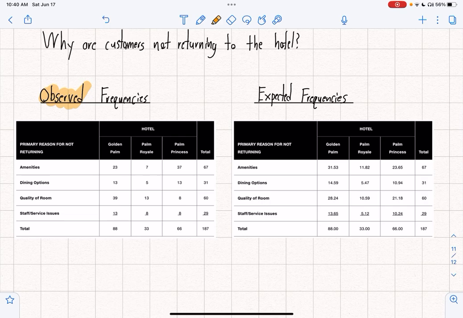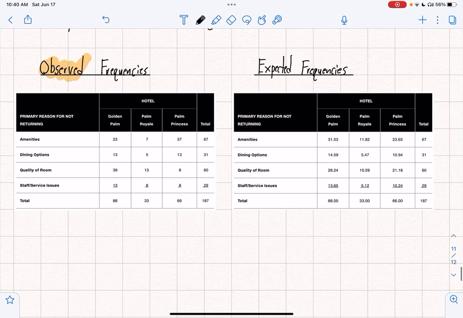So for the sake of completeness, let's quickly do amenities, Golden Palm. Here I'm just trying to find the expected value. So we would do 67 times 88 divided by 187.